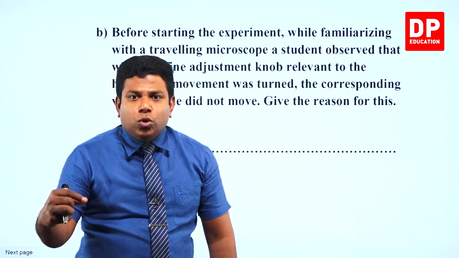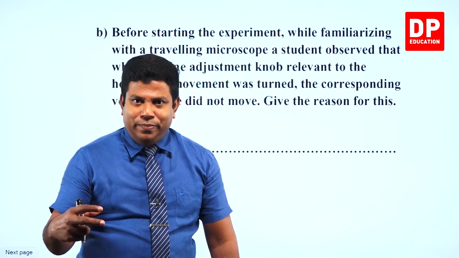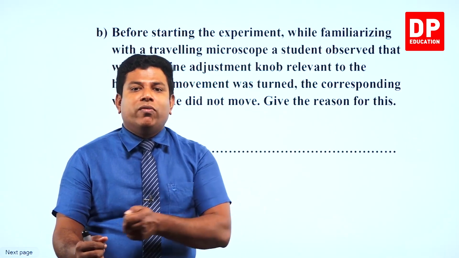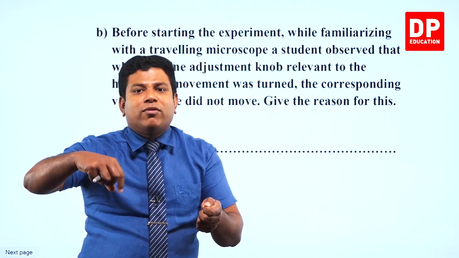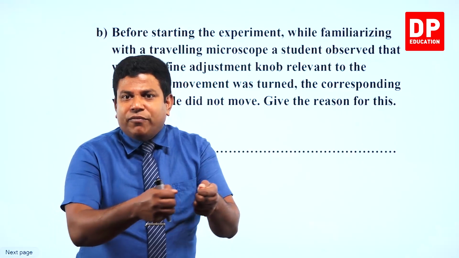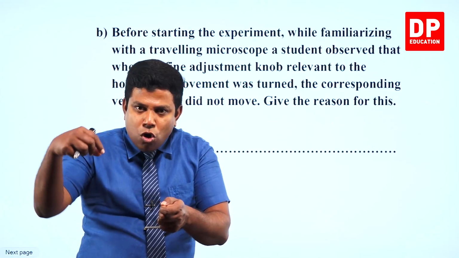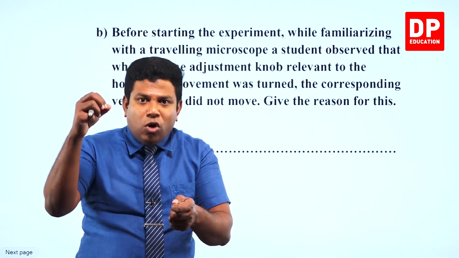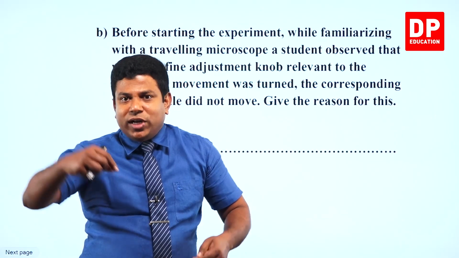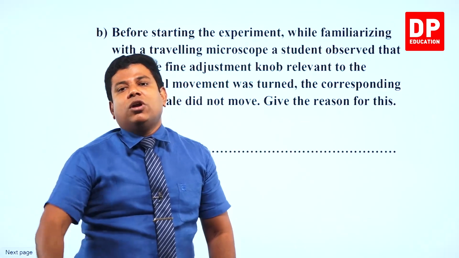There is another screw to lock that. That means when you want to move it freely, you have to loosen a screw and then move it freely. After you moved it freely, you lock that screw. Only if you lock that screw will the fine-tuning screw work. If you did not lock that screw, the fine-tuning screw will not work.